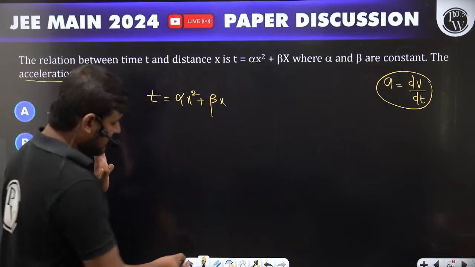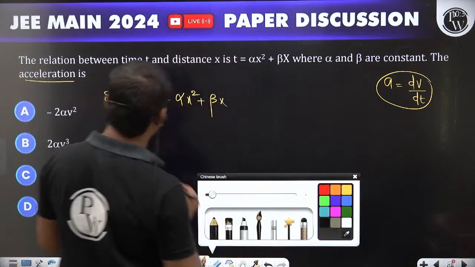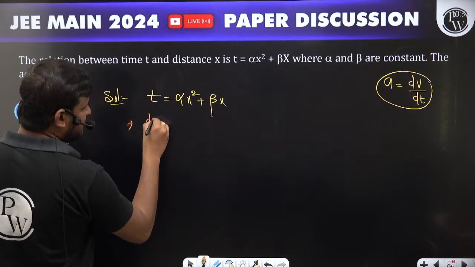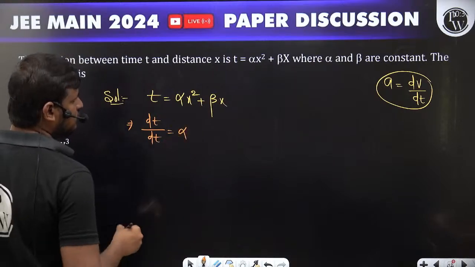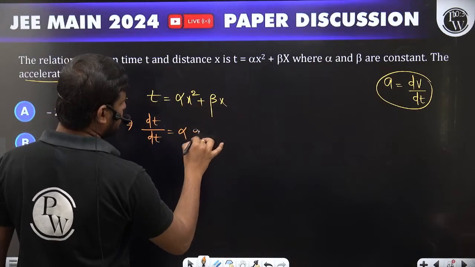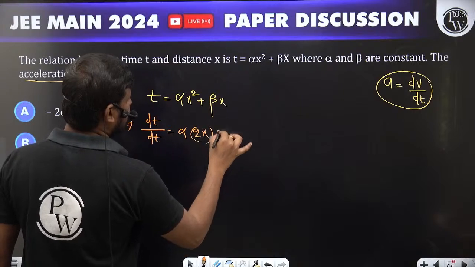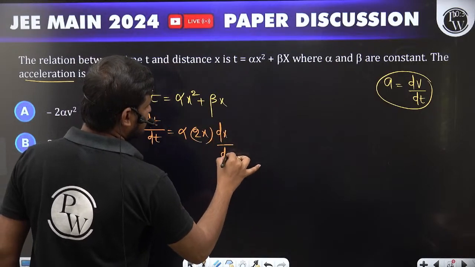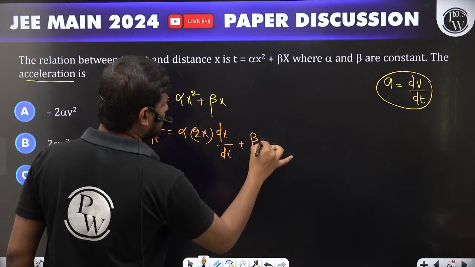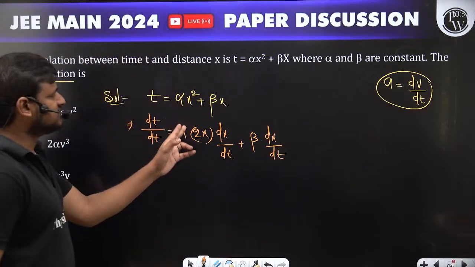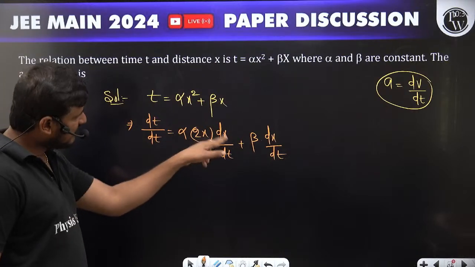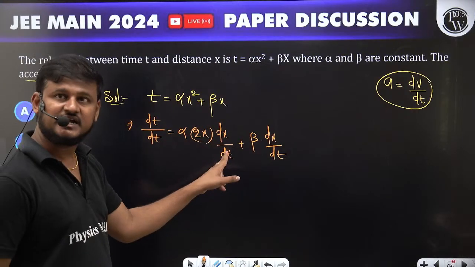I'll differentiate it on either side. So if I differentiate, it becomes dt by dt, and then alpha into 2x into dx by dt, plus beta, a constant, into dx by dt.